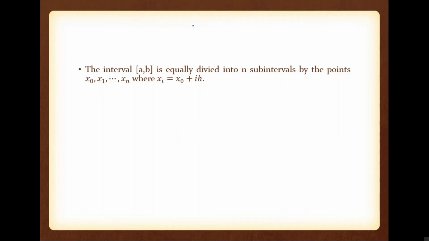Please note, in the composite trapezoidal rule, first consider the function. This is a function of x, y, this is the starting value a, and this is the ending value b, and we are asked to find the area under this curve from a to b. Now we are going to divide this interval into n segments.